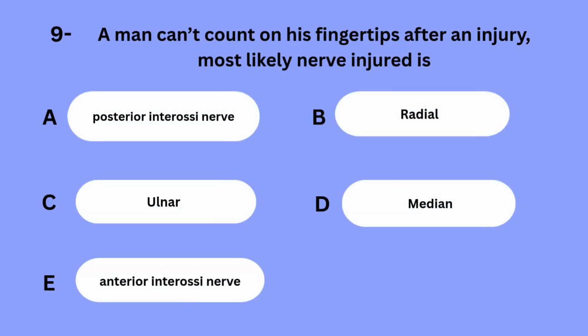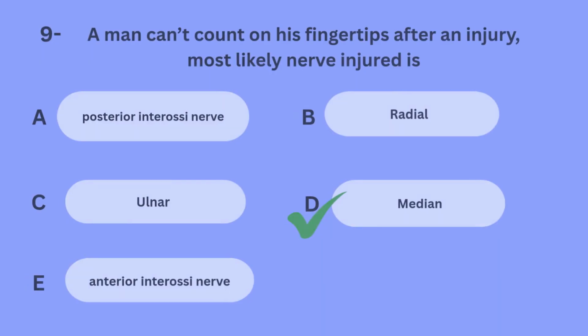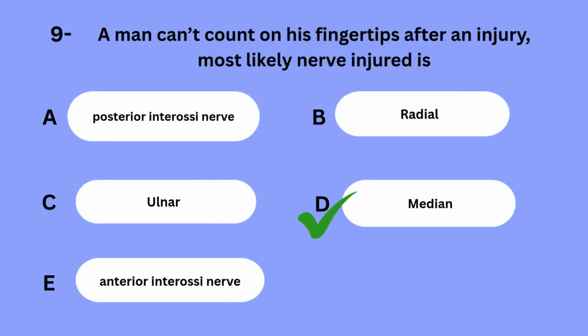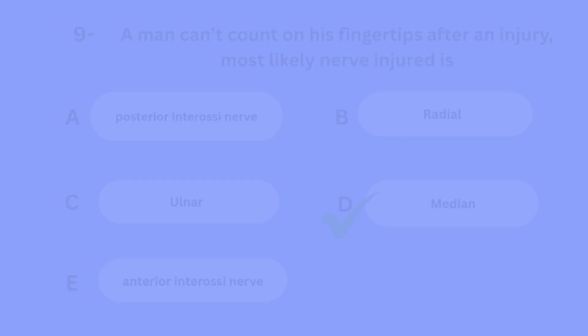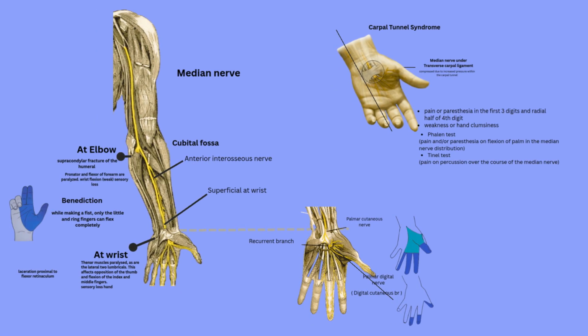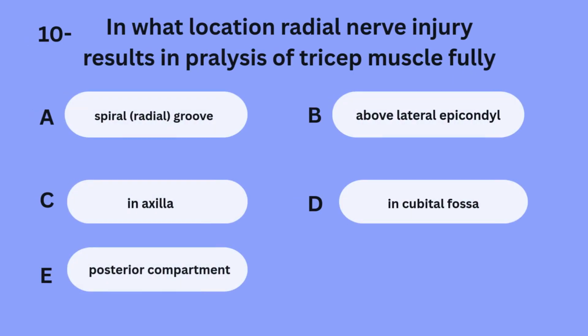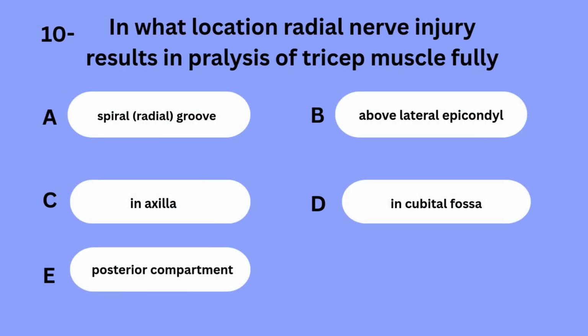A man can't count on his fingertips after an injury, most likely nerve injured is... In what location radial nerve injury results in paralysis of triceps muscle fully?